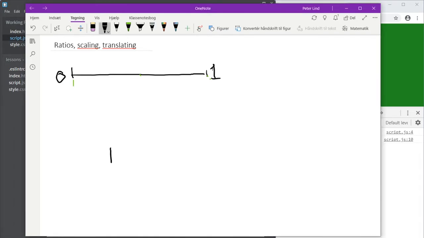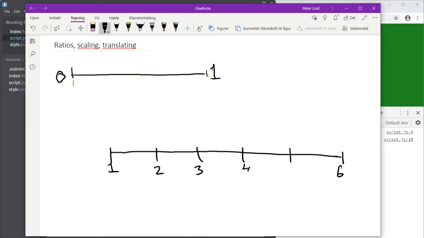We want the result to be from 1 to 6. 5, 4, 3, and 2 in between. And then we need to figure out what is the ratio. What should each one correspond to?